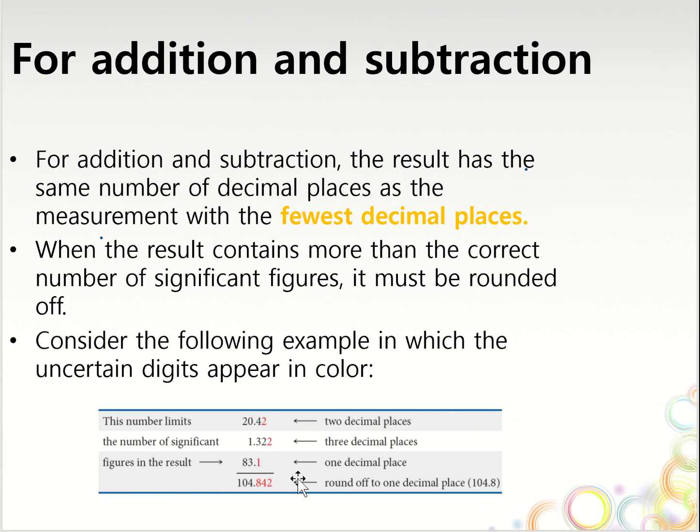So we add them up as we would do normally, and then we round off to one decimal place. So our final answer should be rounded to one decimal place, which is 104.8, right?